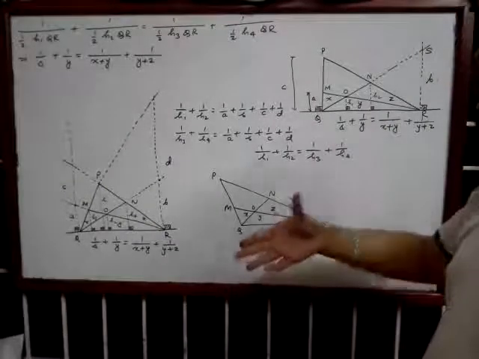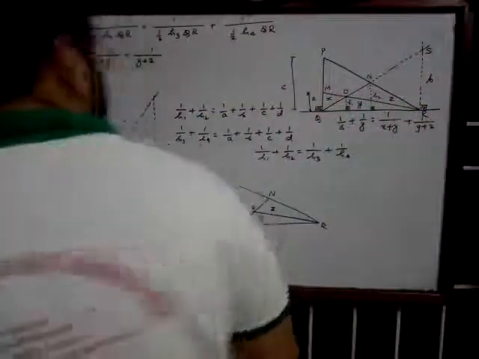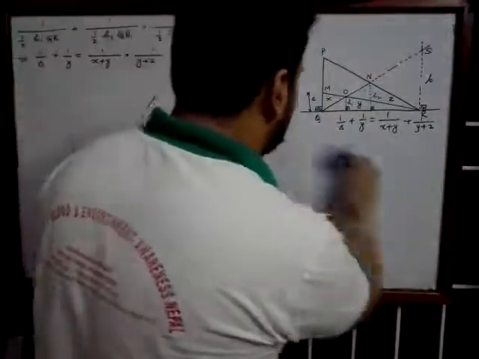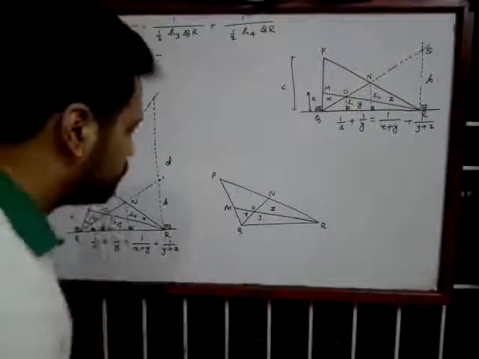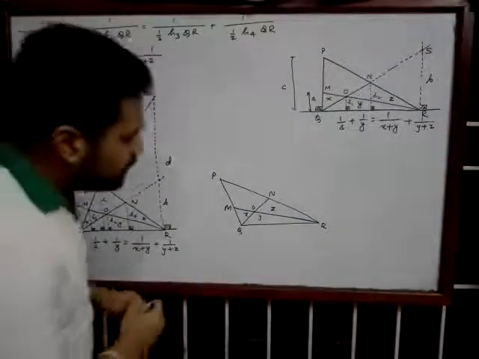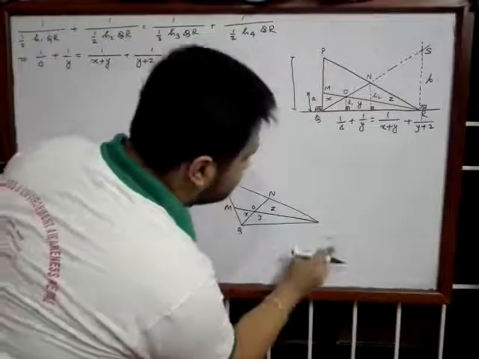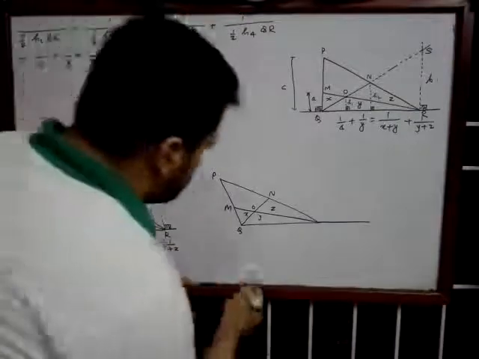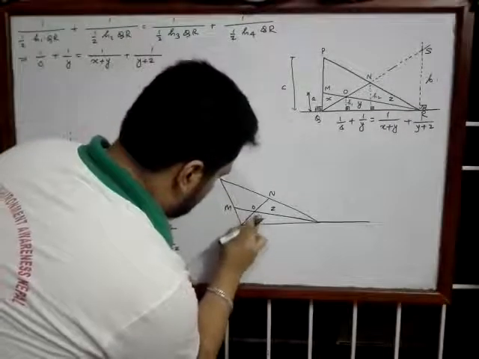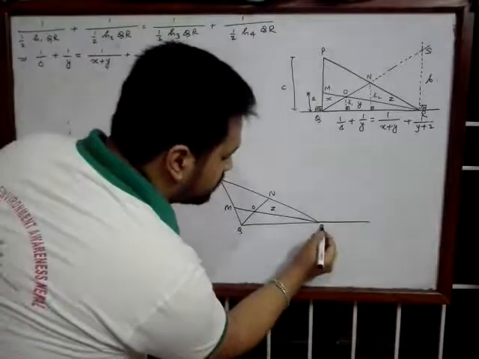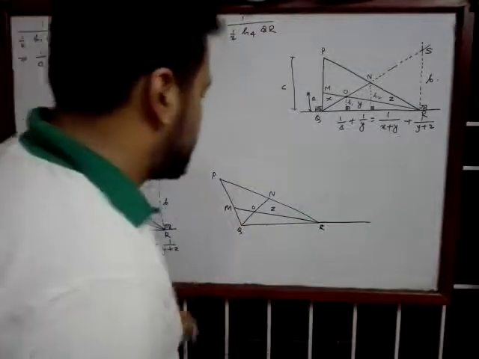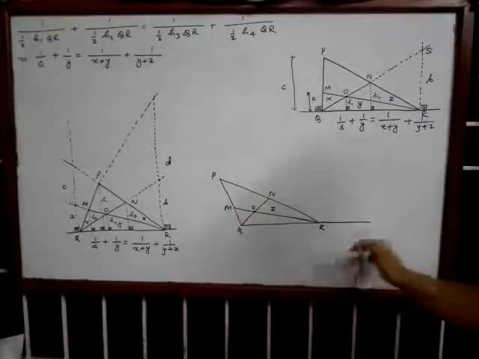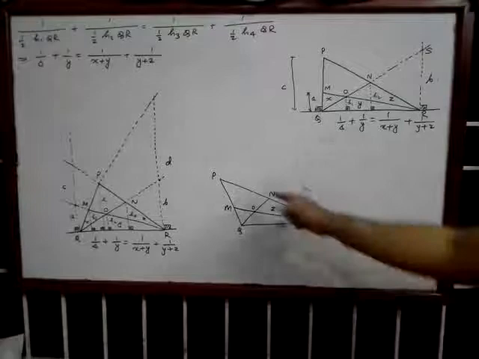Now let's consider the final case. If we are done with this final case, we're done with the proof of the ladder theorem. Now consider any angle greater than the angle at Q, and less than this angle PRS.